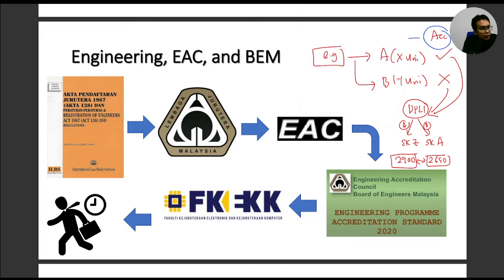Whereby this is considered an engineer registered program, but this one is not a registered engineer program, based on the definition of BEM: programs not accredited by EAC and BEM. So the salary scheme is turned down by 2 steps, as we know until this day.